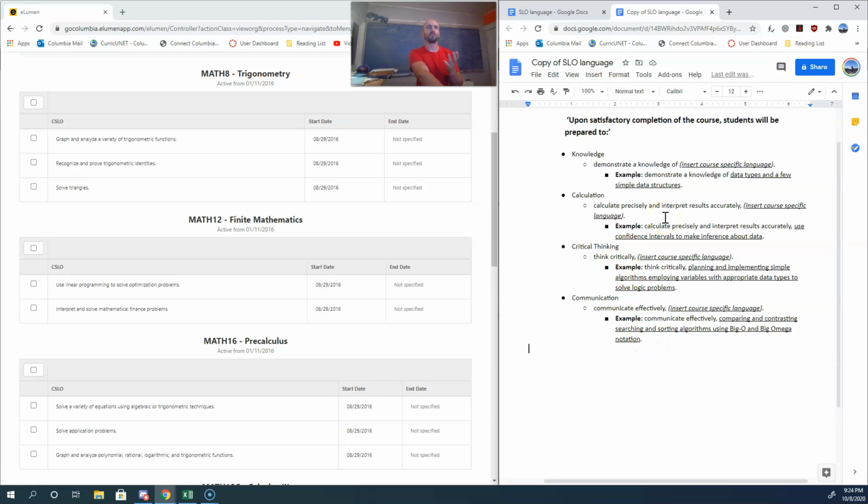In order to pick, I want to insert my course-specific language and see how this works. I think of calculate precisely and interpret results accurately. If I was going to insert specific course language, I'm just going to noodle with the example here.